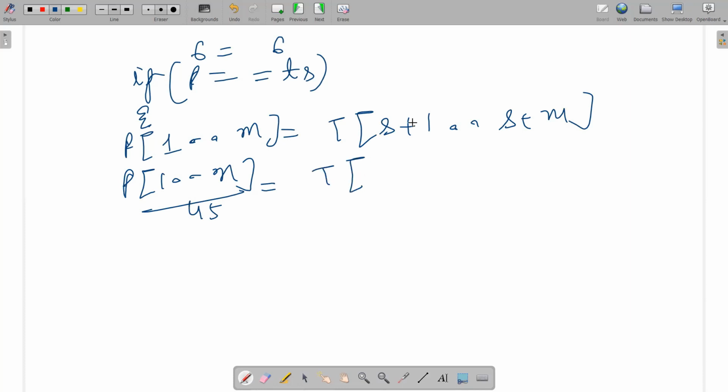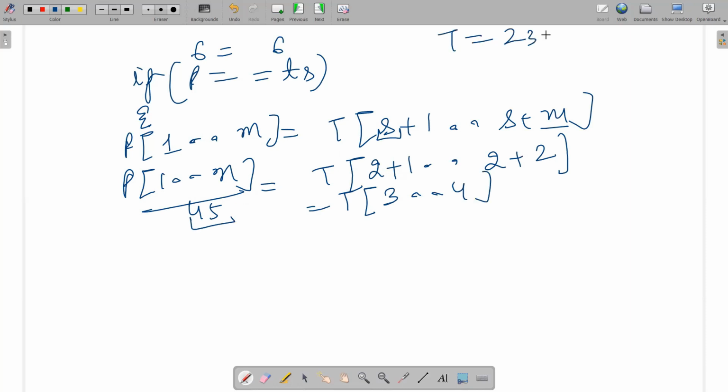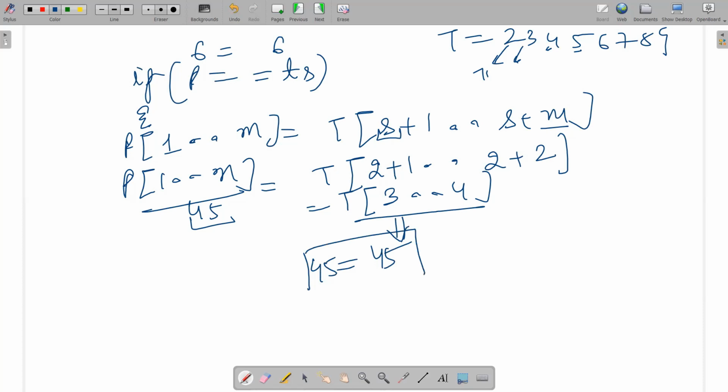Then T of S value has now updated to 2 plus 1 to 2 plus M value is 2. It means that I'm matching this 3 to 4, right? So 1 to M, this is 45, and T value is 2, 3, 4, 5, 6, 7, 8, 9. So this is T of 1, this is T of 2, this is T of 3 and this is T of 4. So T of 3, 4 actually is 45. So 45 is matched with 45, and definitely this is a match.